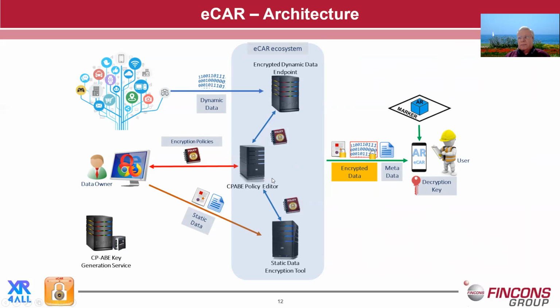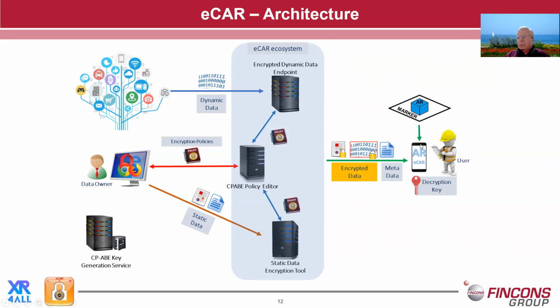that you have created. Additionally, in eCAR, the data owner can create the metadata information to be associated to a visual marker. This metadata information can combine one or more data sources that can be encrypted or unencrypted.